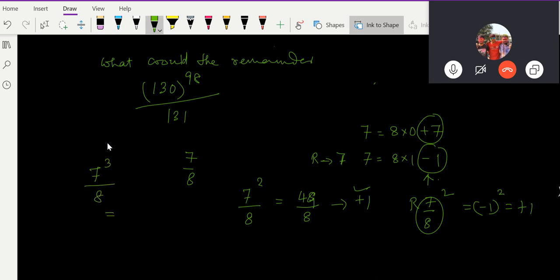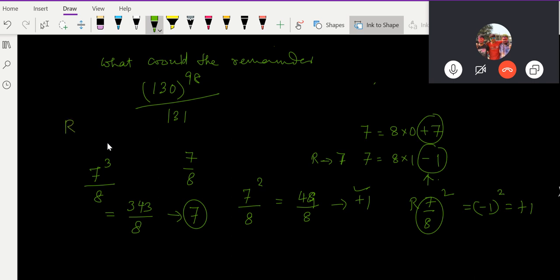Similarly, 7 cube by 8. What is 7 cube? 343. Divide by 8. What is the remainder? This is minus 1, I guess. And 7, the remainder is 7, which is minus 1. How will I do it?